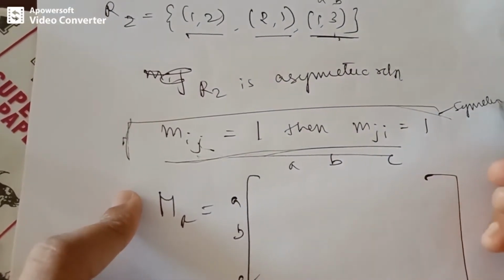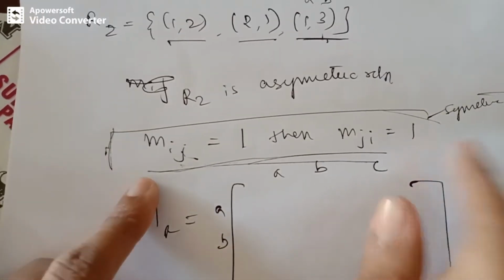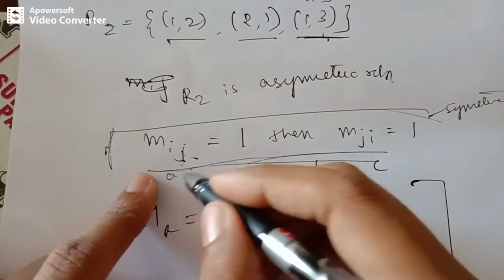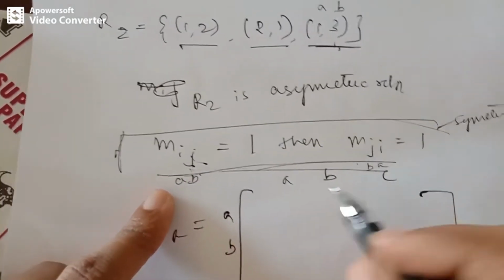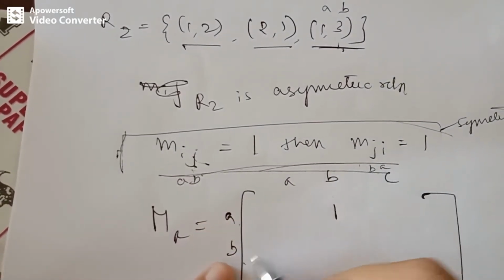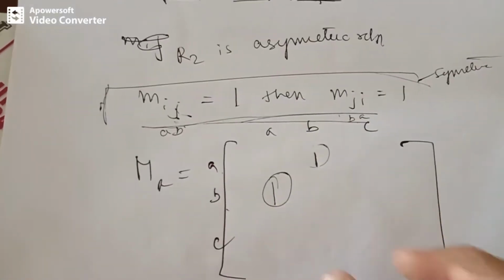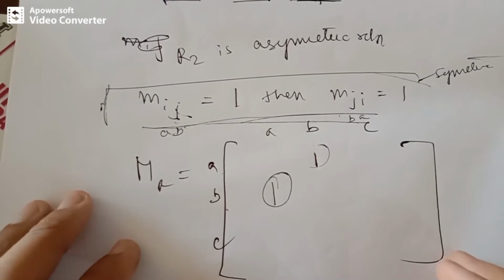That is, whenever A comma B belongs to R, B comma A also belongs to R. For example, if MAB is 1, then I need to have MBA equal to 1. That is the symmetric kind of property, and you can observe the ones in the corresponding columns for a symmetric relation.